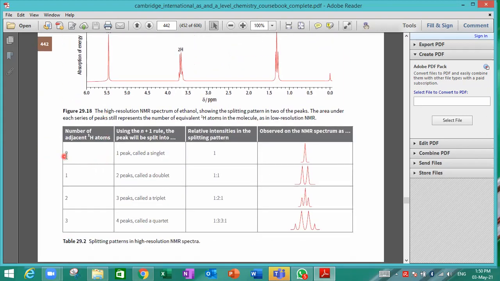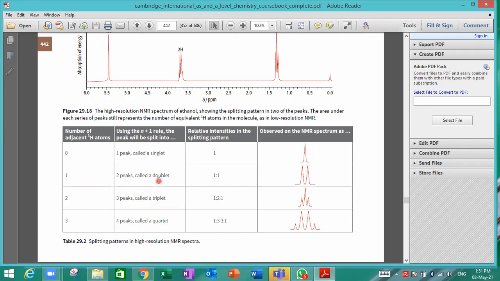When the number of adjacent hydrogen atoms is 0, like the OH, then it will appear as one peak, and we call it a singlet peak. Okay. If the number of adjacent hydrogen atoms is 1, then the peak will be split into 2, since n+1 means 1 + 1, 2.